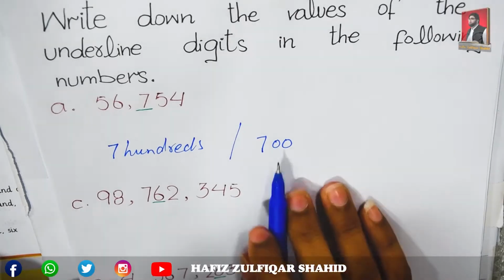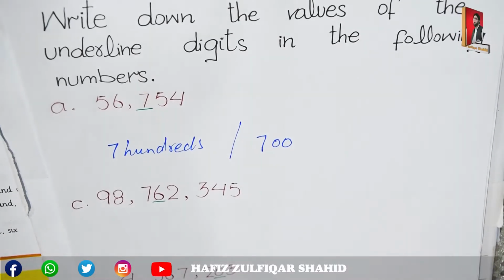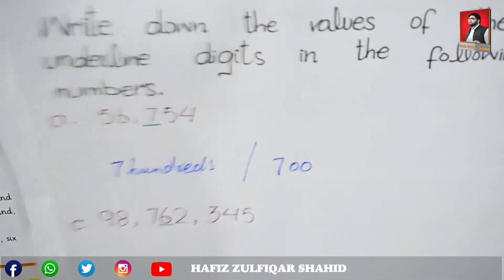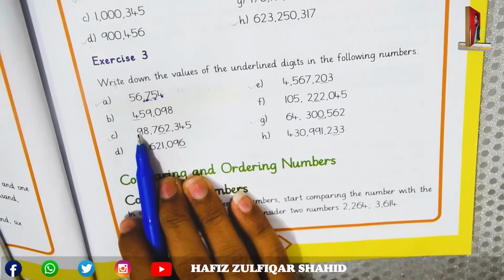So 7 stands for 700. Let's see the next, B.